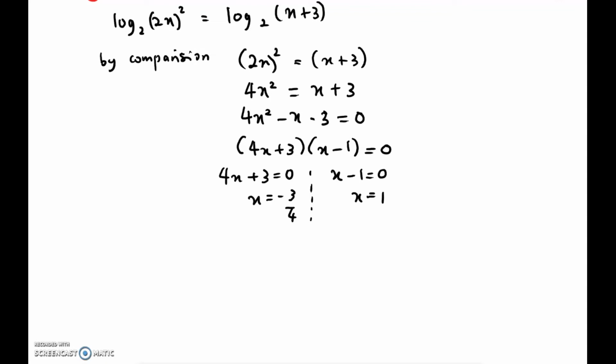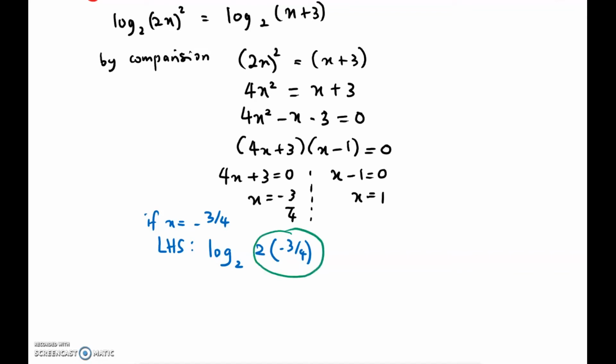For instance, if I take the left hand side of the question, if x equals negative 3 over 4, I substitute into the left hand side: log 2 multiplied by negative 3 over 4 base 2. You should see that this part will give you an undefined value. So you don't have a value for that. This will be undefined.